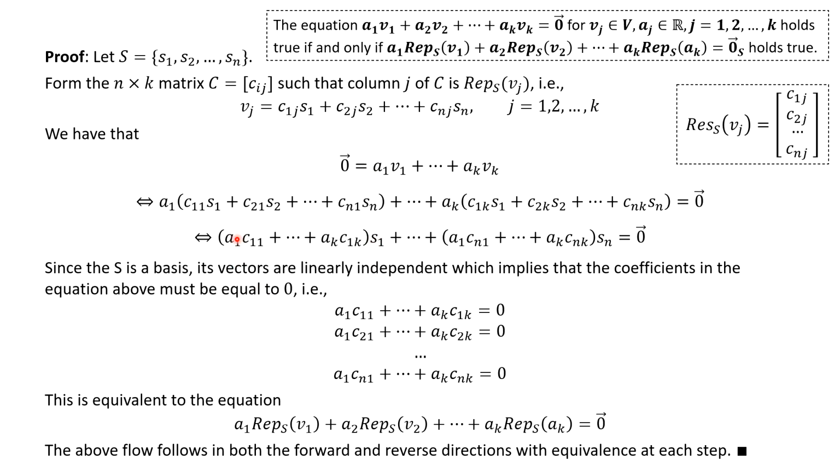This last statement here, we can write it out since S is a basis, then a linear combination of the basis equal to 0 implies that each one of these is 0. So just this is 0. I didn't write the second one here, but that would be this one here. That's 0. And then the last one equals 0.